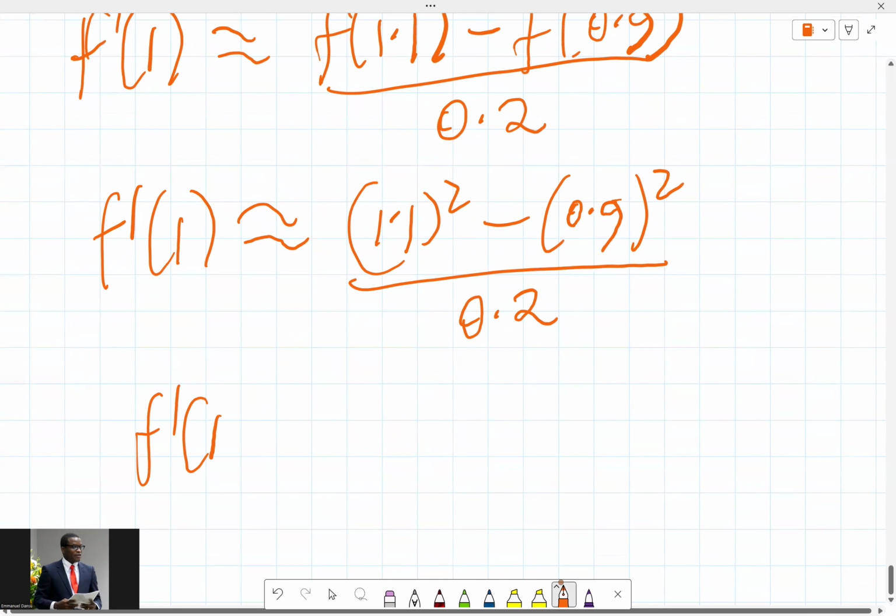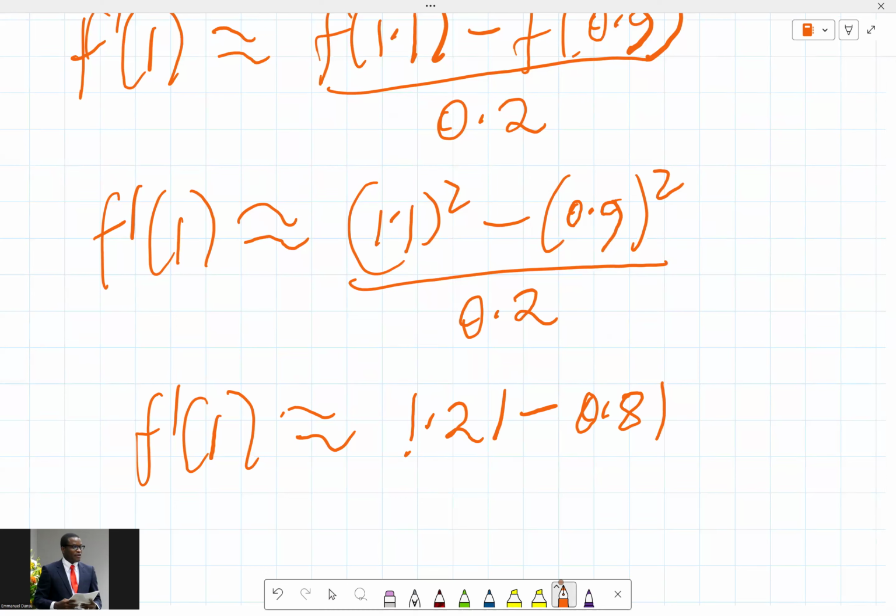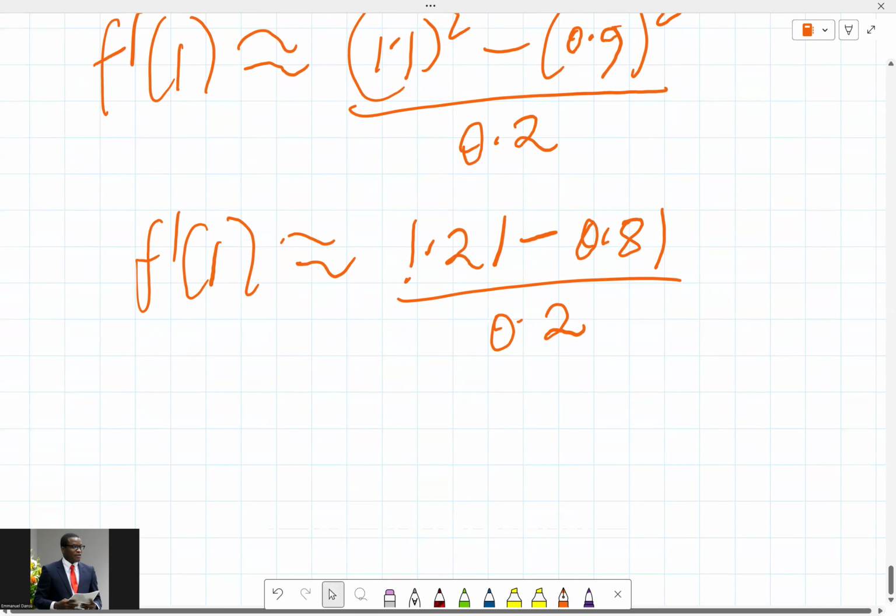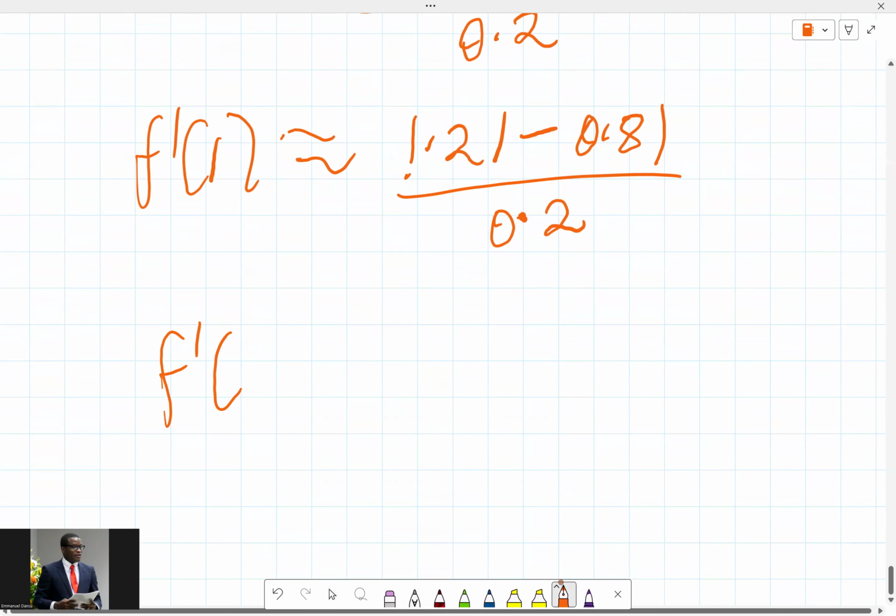So we have f prime of 1 is approximately 1.21 minus 0.81 divided by 0.2. And 1.21 minus 0.81 is 0.4.